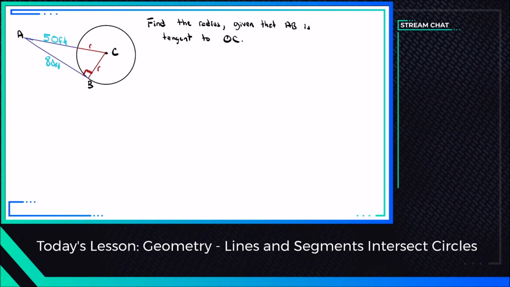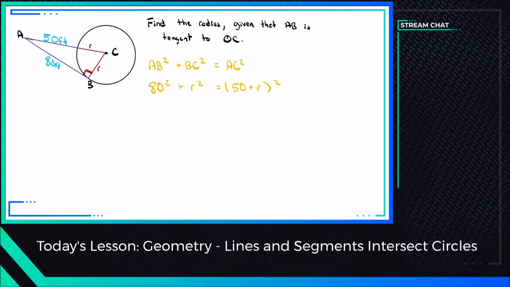So we know that segment AB squared plus BC squared is going to equal AC squared. And so AB squared is going to be 80 squared, and then BC squared is going to be R squared, and then AC squared is going to be 50 plus R, the quantity squared.